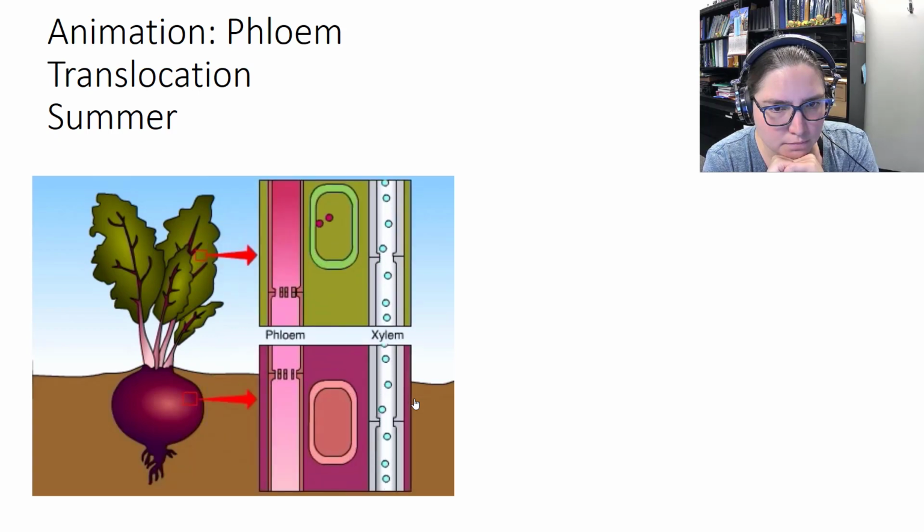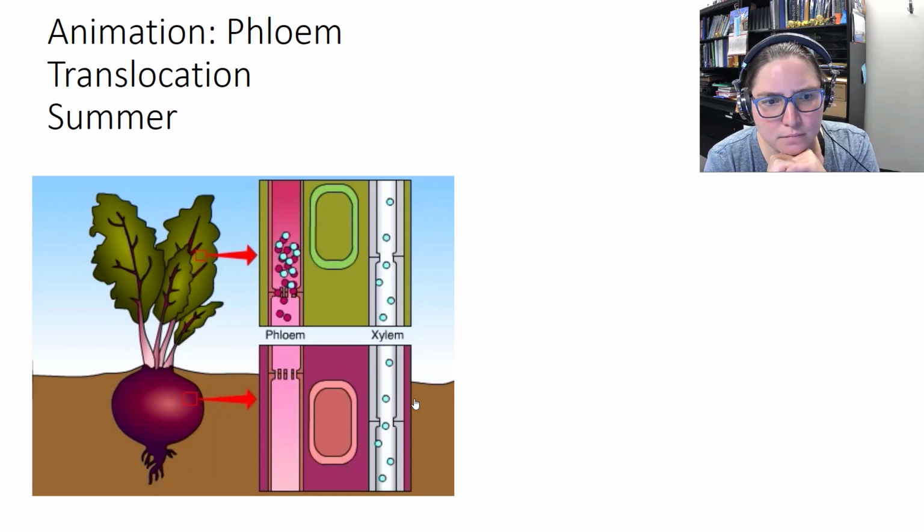Sugar produced by the leaves is pumped into the sieve tube members of the phloem by active transport. This raises the concentration of sugar, causing water to move into the phloem by osmosis. Water pressure at the sugar source increases, pushing water and sugar away from the sugar source and toward the sugar sink, a process called bulk flow.